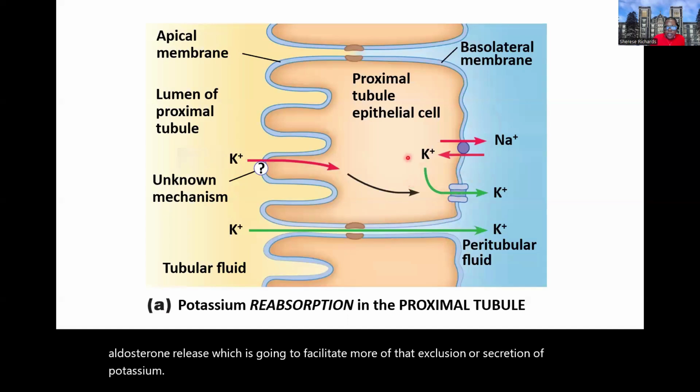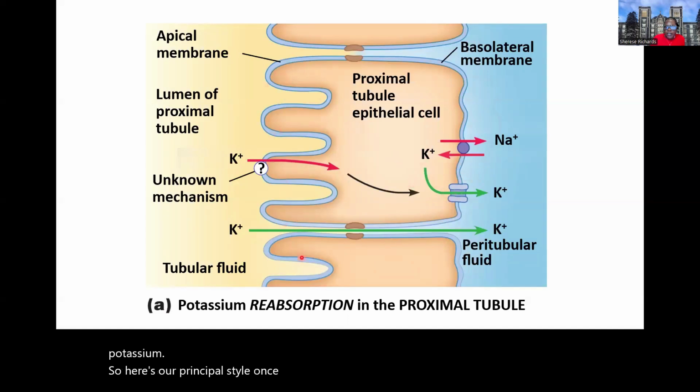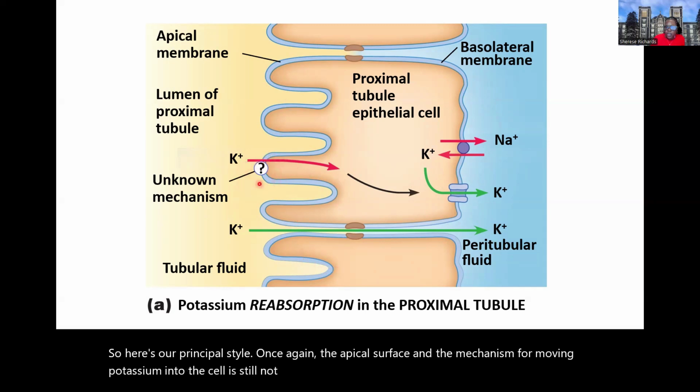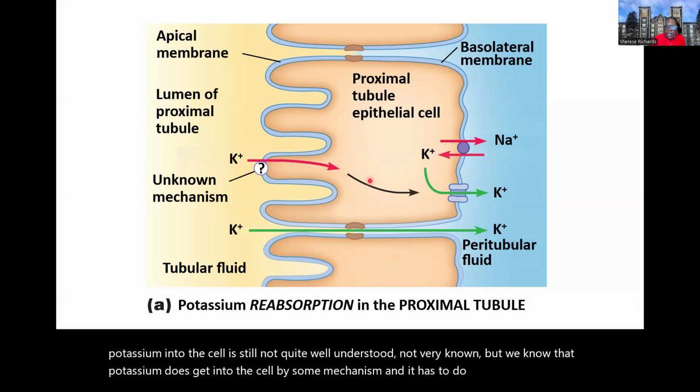So here's our principal cell once again, the apical surface. And the mechanism for moving potassium into the cell is still not well understood. But we know that potassium does get into the cell by some mechanism, and it has to do so actively against its concentration gradient.